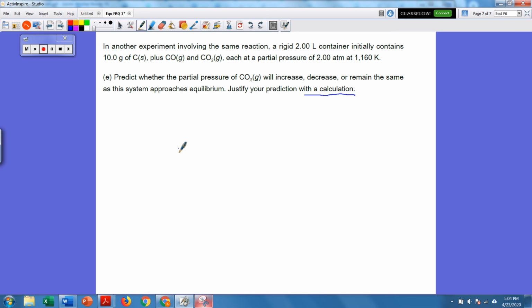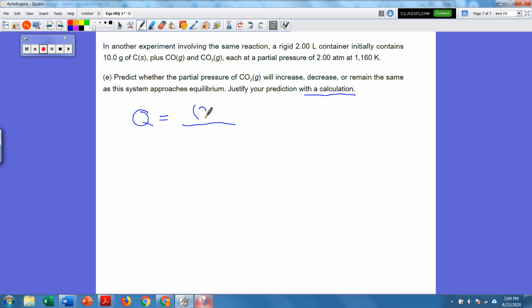This is a situation where you're going to be calculating Q, which is your reaction quotient. Your Q is going to be based on your initial concentrations or your initial pressures. You're going to set it up exactly the same way you set up your Kp, with the products on the top and the reactants on the bottom, with the coefficients as the exponents. But in this case, we're using our initial pressures.